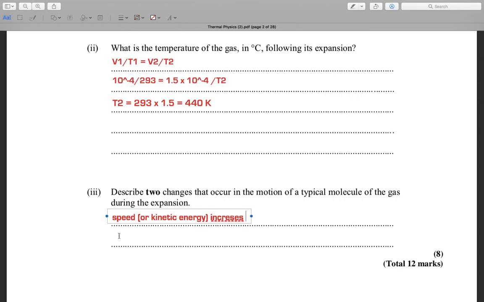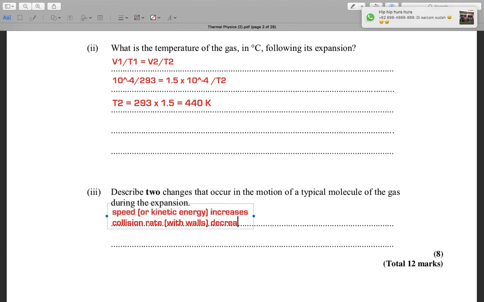Also, the collision rate with the walls decreases, or the time between collisions increases.